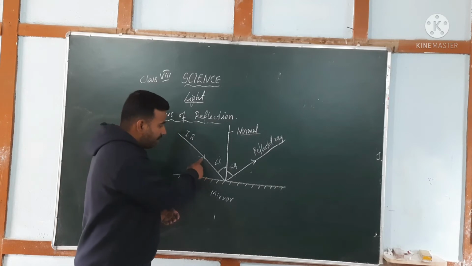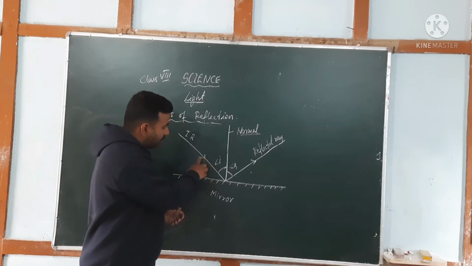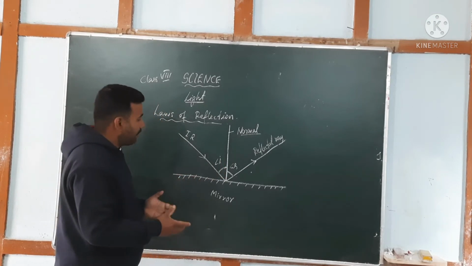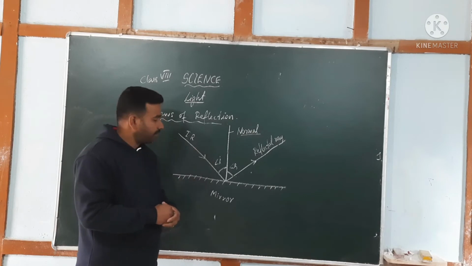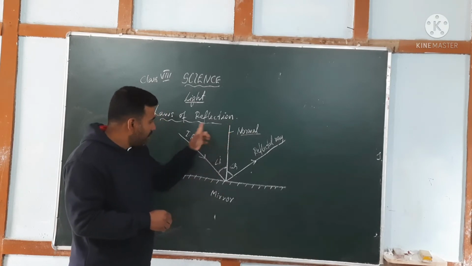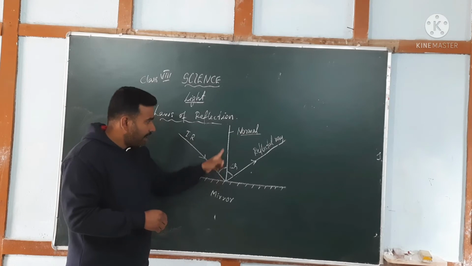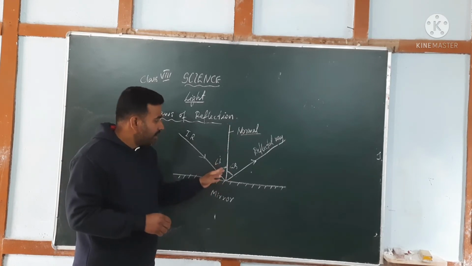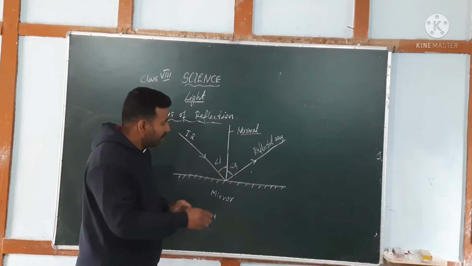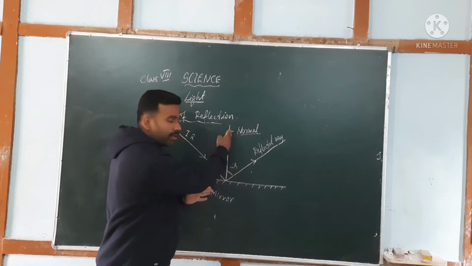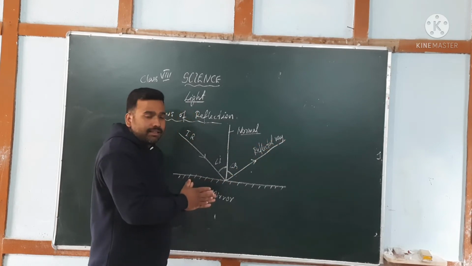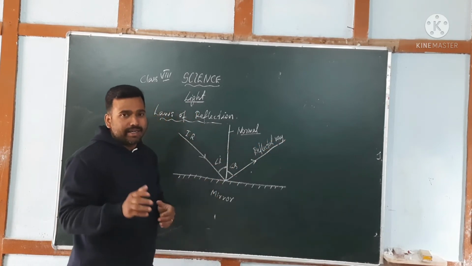And again you can see the angle formed between the incident ray and the normal. That is called the angle of incidence. Say, for example, if the angle formed between the incident ray and the normal, the angle of incidence, is 30 degrees, then the angle of reflection, the angle formed between the normal and the reflected ray, should also be 30 degrees.